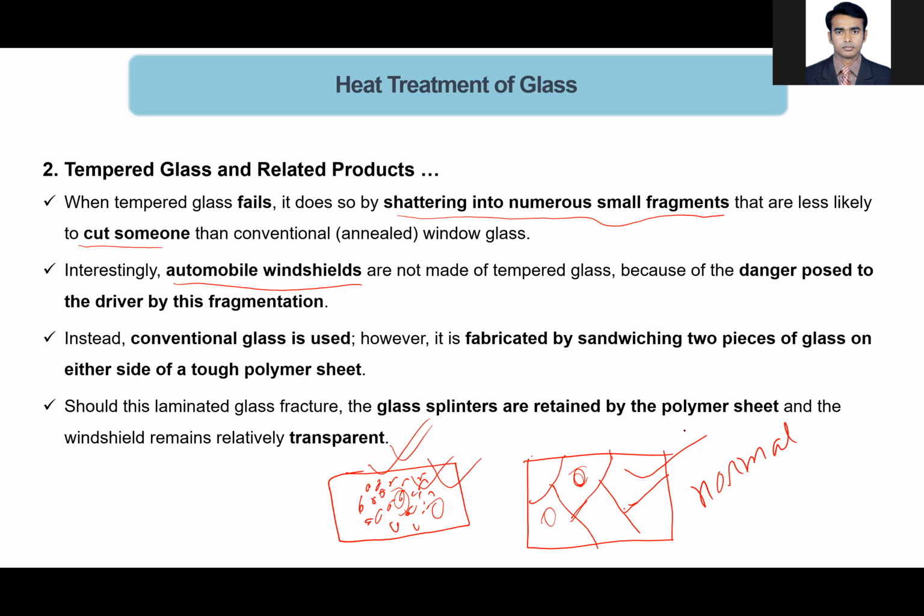The thing is that for windshields, we normally don't use tempered glass or normal glass. Tempered glass is used only for the safety exit. If you look at modern automobiles or buses, you will see there are some spaces where the emergency exit is marked.